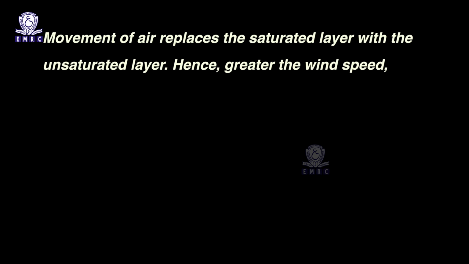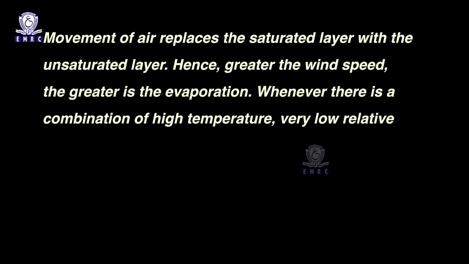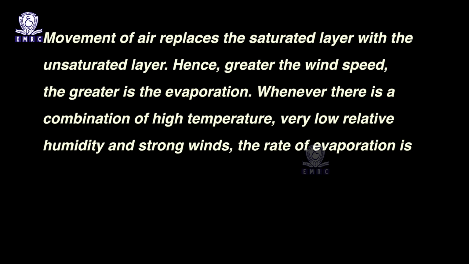Movement of air replaces the saturated layer with an unsaturated layer. Hence, the greater the wind speed, the greater is the evaporation. Whenever there is a combination of high temperature, very low relative humidity and strong winds, the rate of evaporation is exceptionally high.